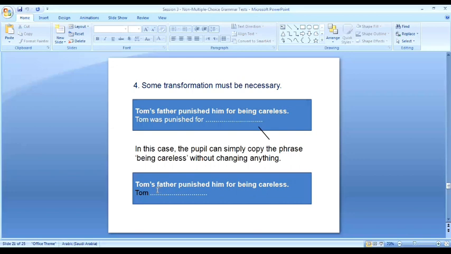So we say Tom's father punished him for being careless, or Tom has been punished, or Tom was punished for being careless. So in this case, the pupils could transform or make some change in the prompt sentence.